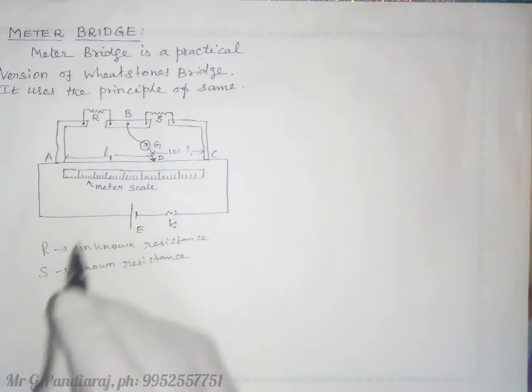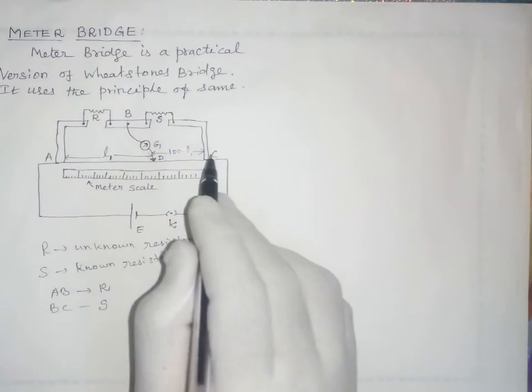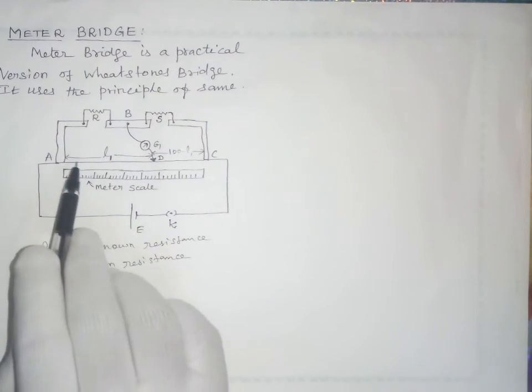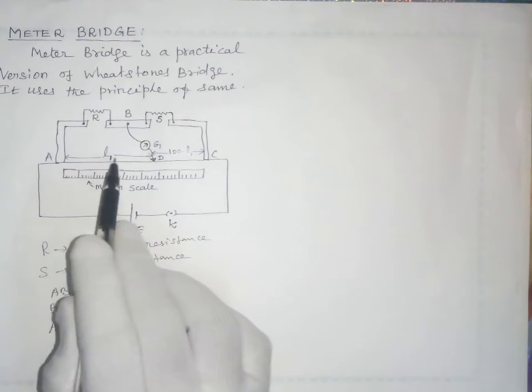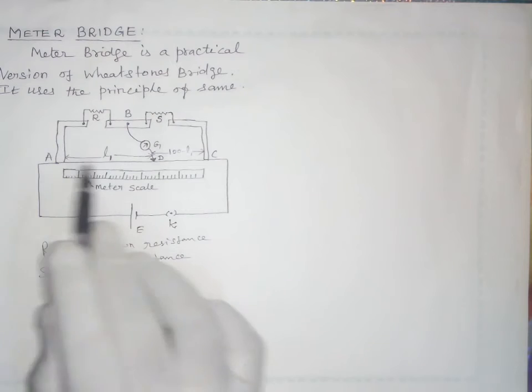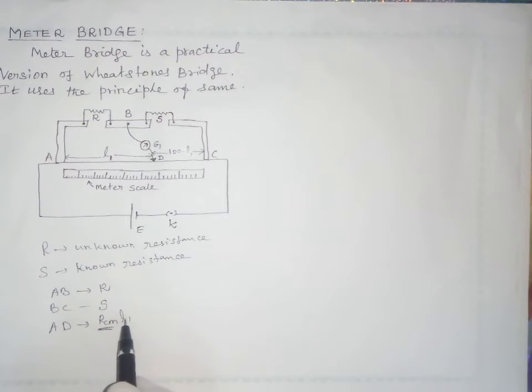Here AB, one of the arms, is equal to R, and BC has the resistance S. The gap AD has the resistance R centimeter into L1, because the resistance per centimeter is taken as R cm, and the length is L1, out of a total of 100 centimeters. So the resistance in the gap AD is R cm times L1.